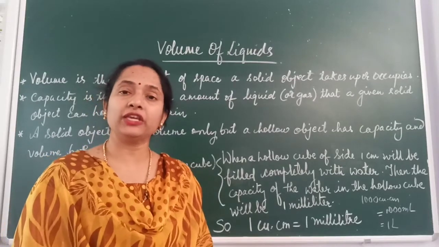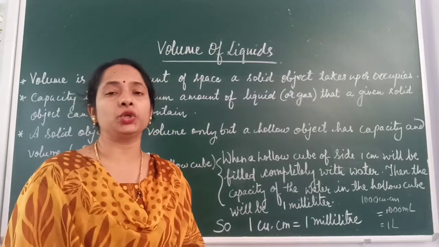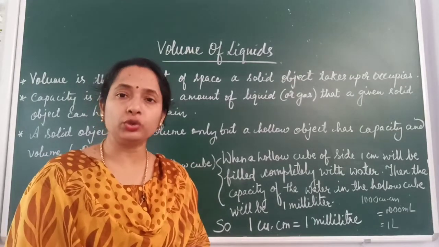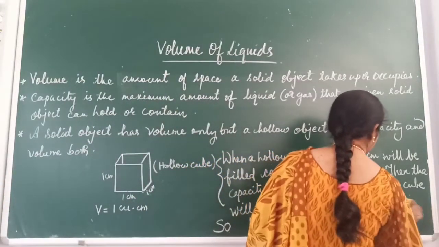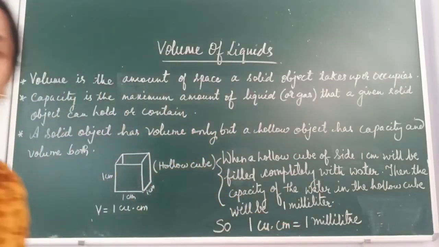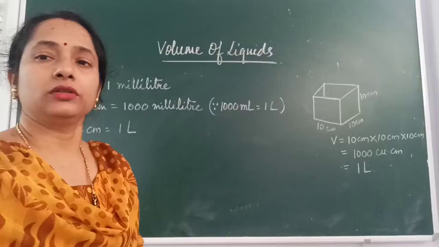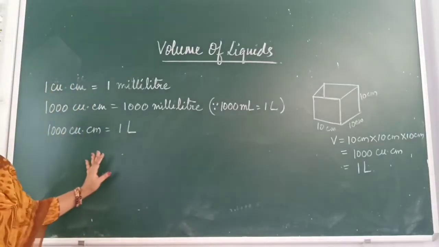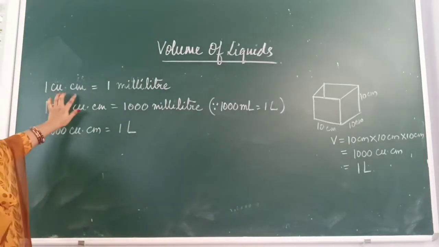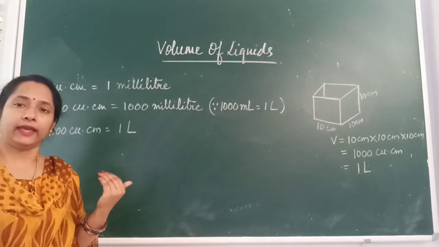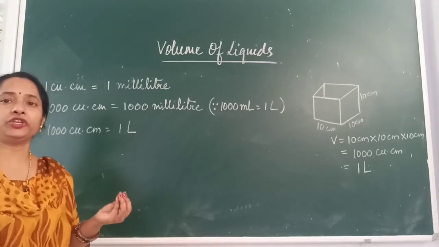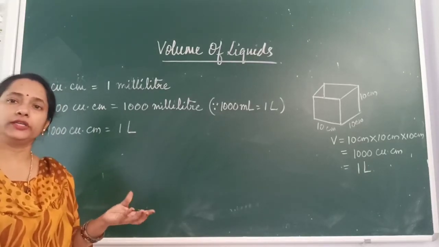So let me give you a few standard values by which you can do these conversions easily. Children, here are a few standard fixed values to convert liquids given in cubic centimeters to liters or milliliters.